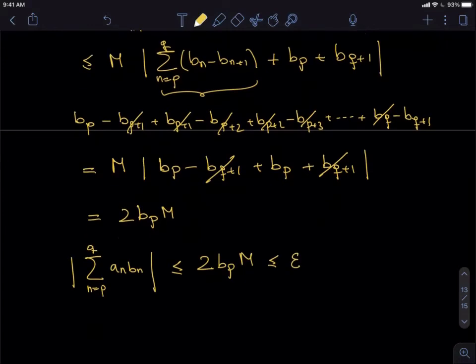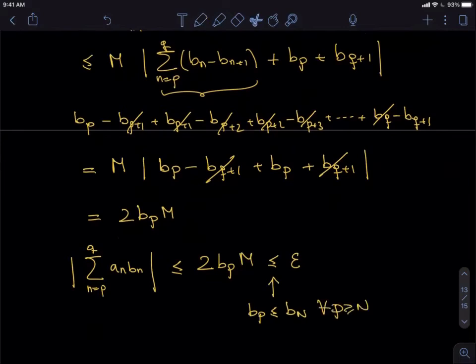So for that, I need to guarantee that this b_p is not going to give me trouble. But now here, notice something, the b_n is decreasing. So b_p is less or equal than b_N for all p bigger or equal than N, any N we pick.